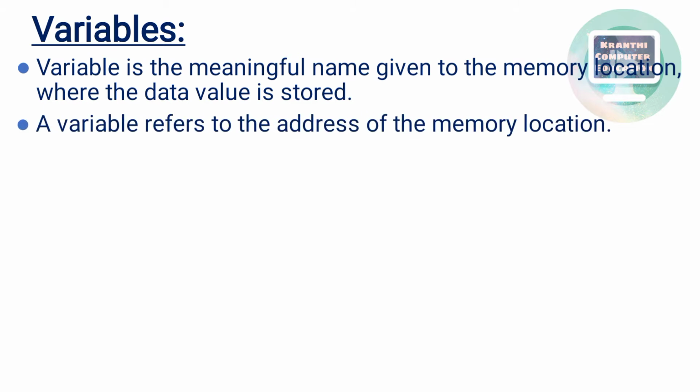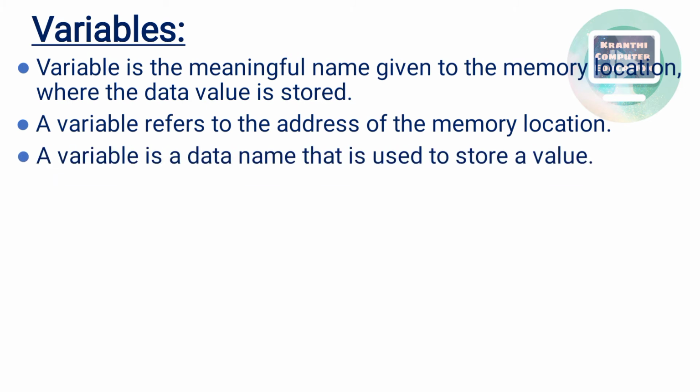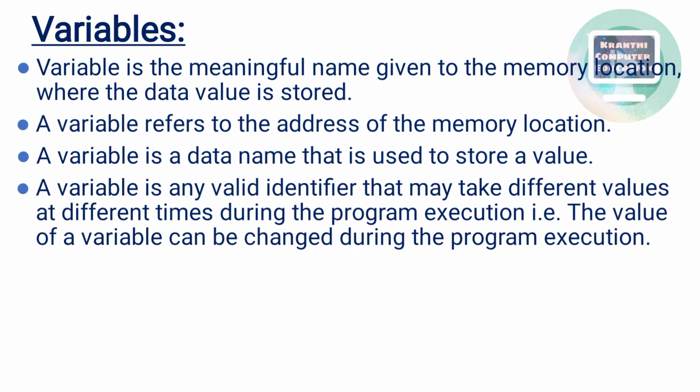A variable refers to the address of the memory location. A variable is nothing but the address of the memory location in computer memory. A variable is a data name that is used to store a value. A variable is any valid identifier that may take different values at different times during the program execution.